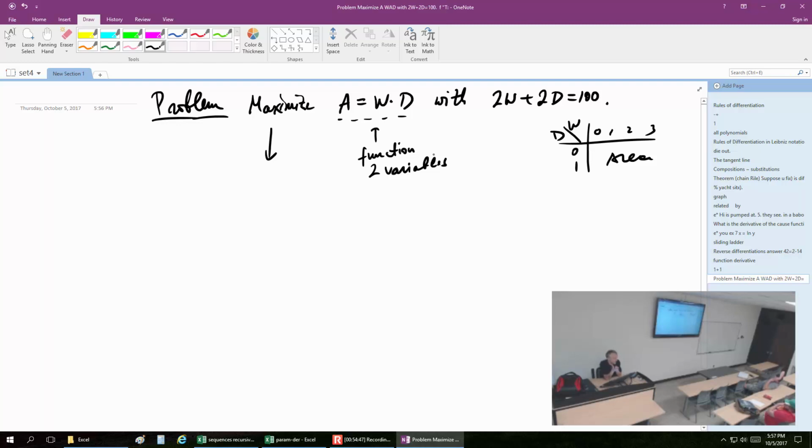We have been studying functions of one variable, so we'd rather study functions of one variable. What do we do? We eliminate one of them.